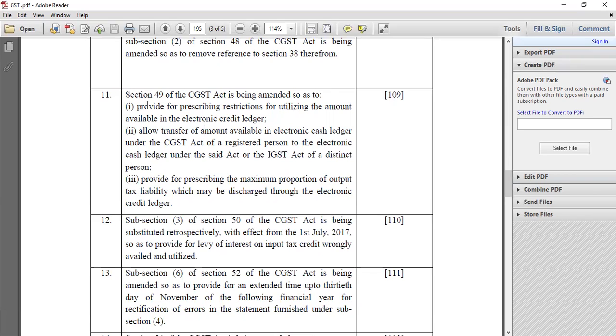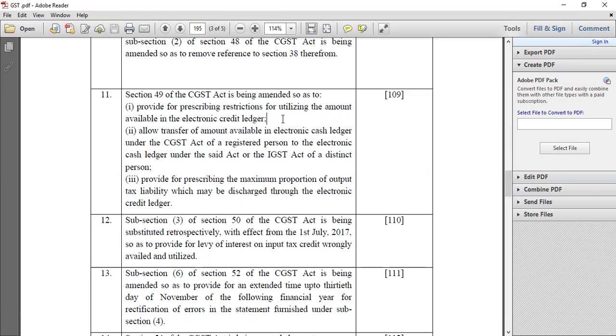Now, section was introduced, which means that section 49 of CGST Act is being amended to provide restrictions for utilizing the amount available in the electronic credit ledger. It has given the powers to the government to restrict the amount available in the electronic credit ledger.